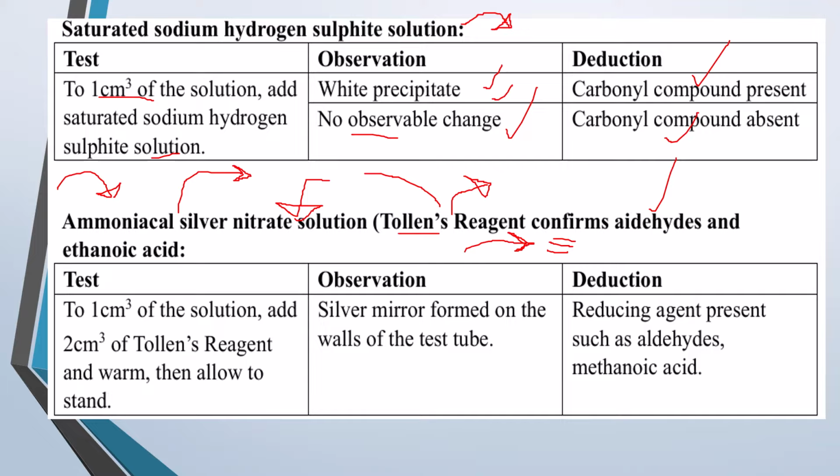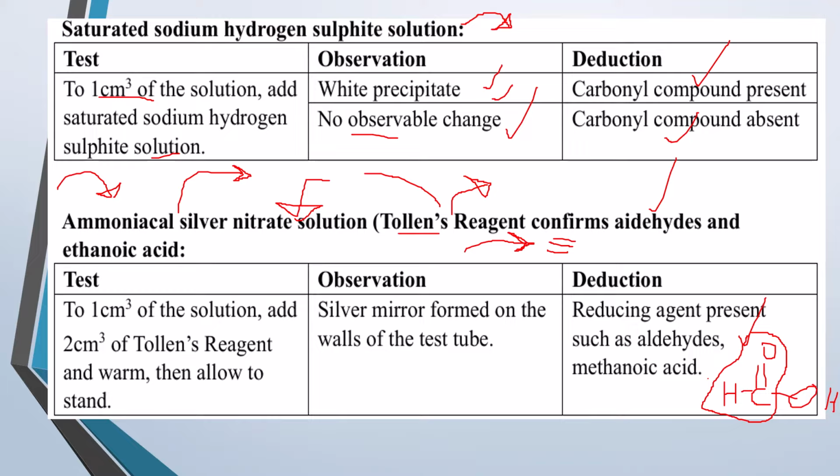So when you observe a silver mirror being formed, that implies that an aldehyde is present, or methanoic acid is present, because methanoic acid has an aldehyde group. If you look at the structure of methanoic acid, it is like this. Since methanoic acid has this aldehyde group, we expect it to give the same observation just like other aldehydes.